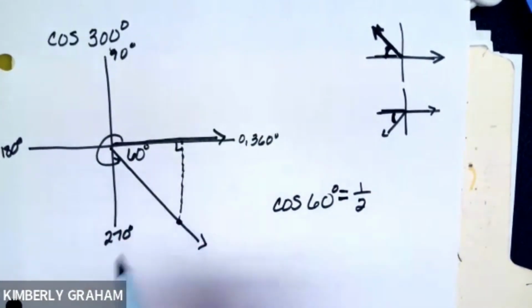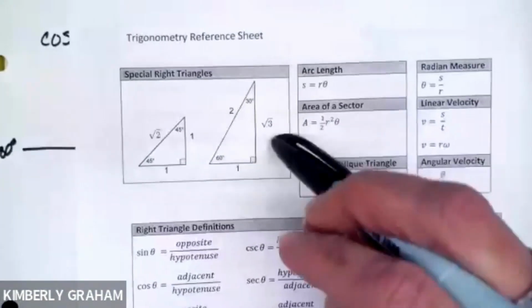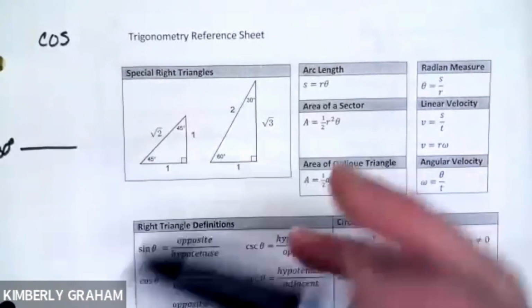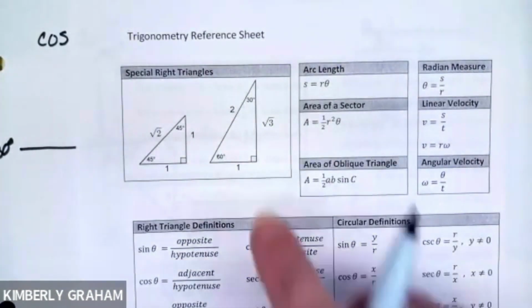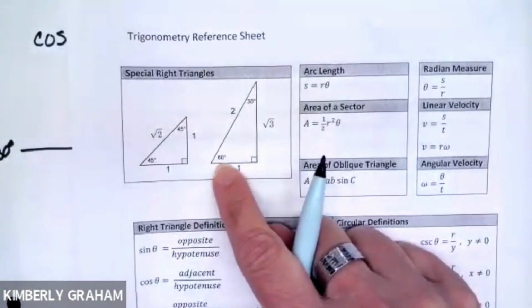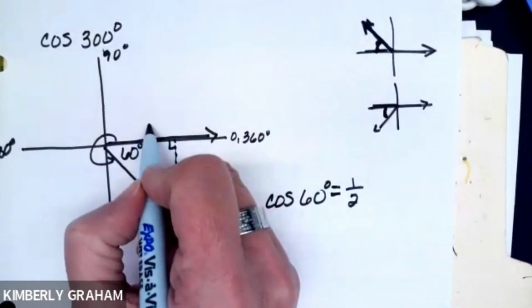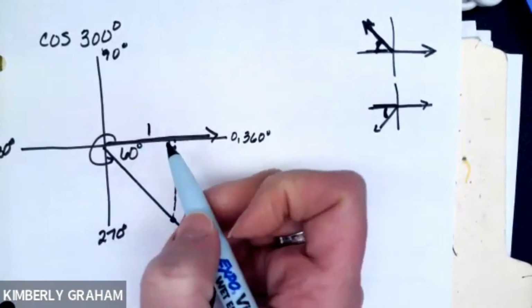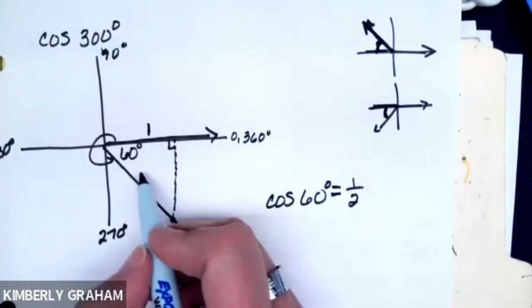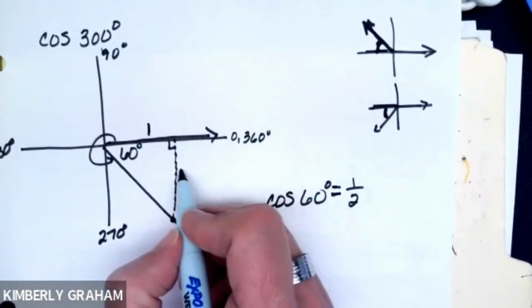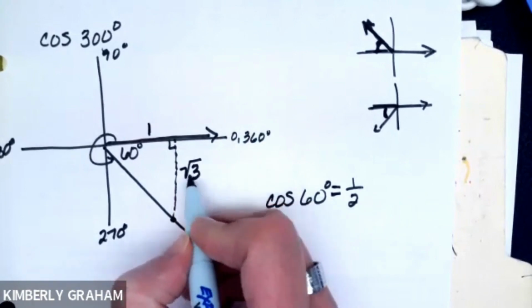I know the ratios here based on this information. The side that is adjacent to the 60-degree angle is 1, and the side that is opposite the 60-degree angle is the square root of 3.